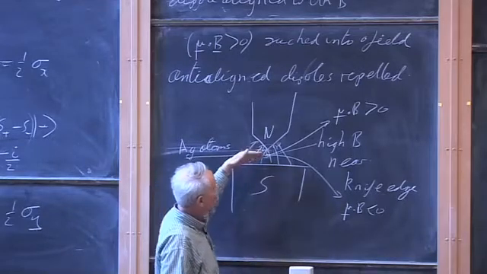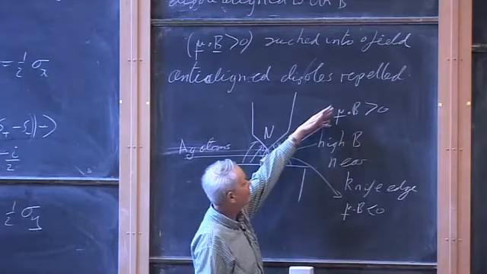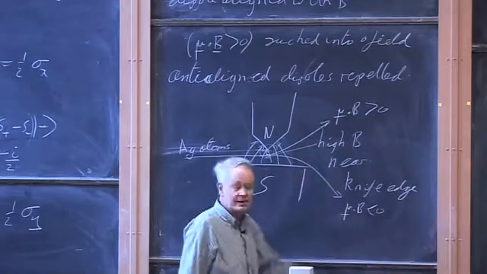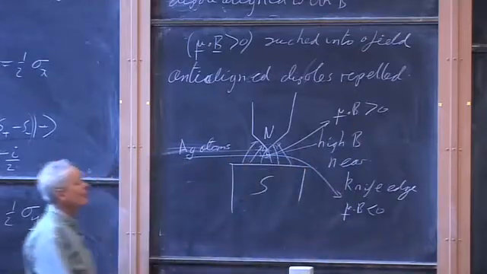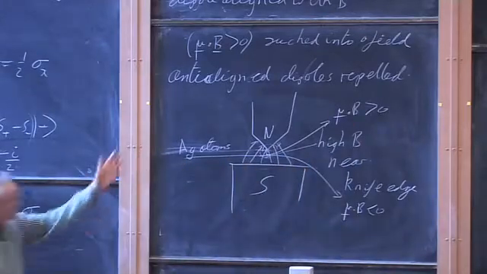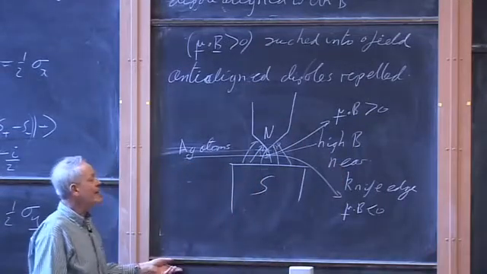And they found, which surprised them and everybody else, that half of their silver atoms went off this way, and half of their silver atoms went off that way. So when they detected the atoms on a screen over here, they got two blobs distinctly separated.